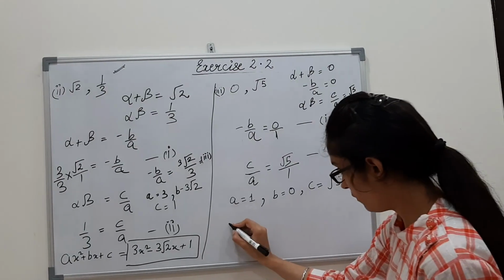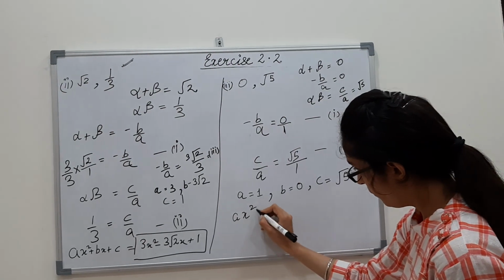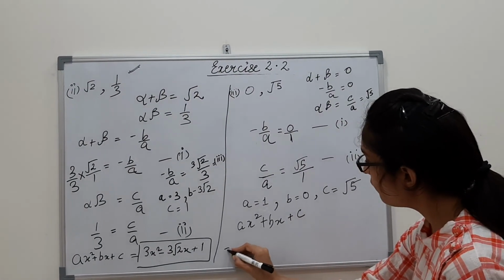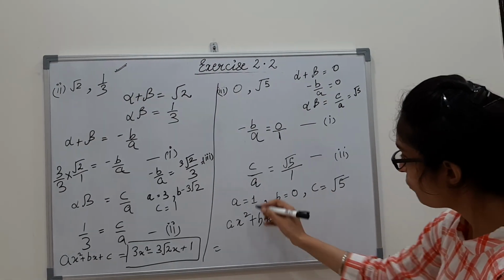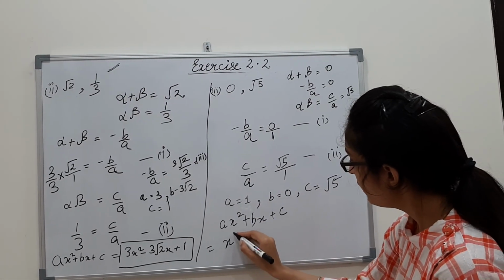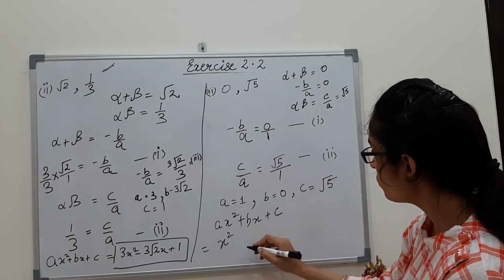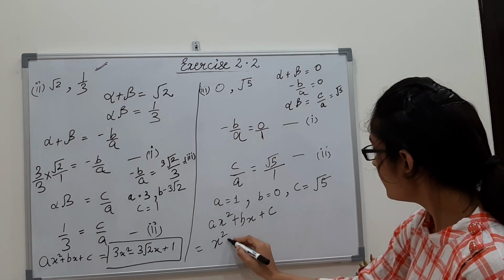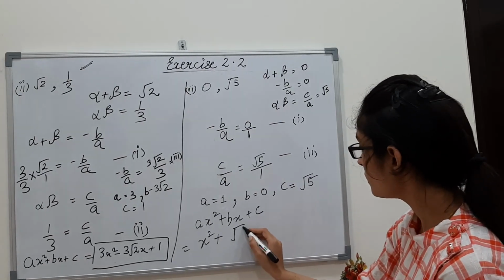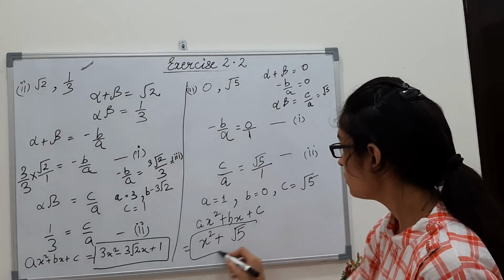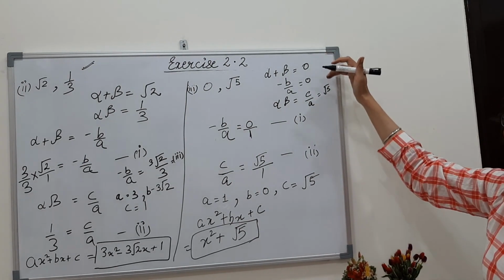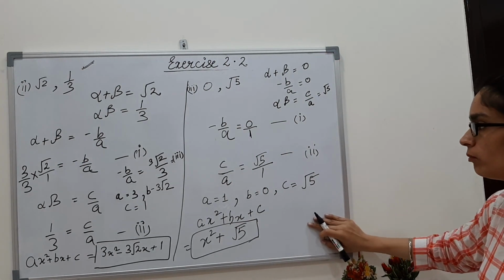So a general equation, ax square plus bx plus c. I will just put the values of a, b and c. Where a is 1, so it will be x square, b is 0, so I won't write anything, and c is root 5. So this is the polynomial for which sum of zeros and product of zeros have been given.